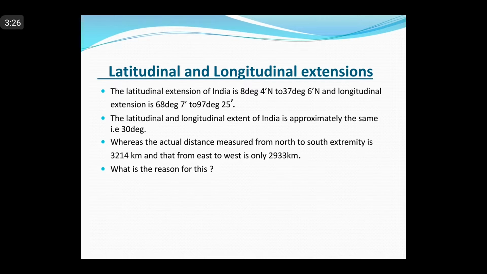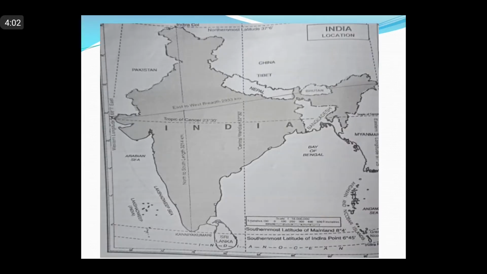And we have discussed the latitudinal and longitudinal extension, that India is located between 8 degree 4 minute to 37 degree 6 minute north latitude and 68 degree 7 minute to 97 degree 25 minute east longitude. But a very important thing to keep in mind is that the latitudinal and longitudinal extent of India is approximately the same, that is 30 degrees.